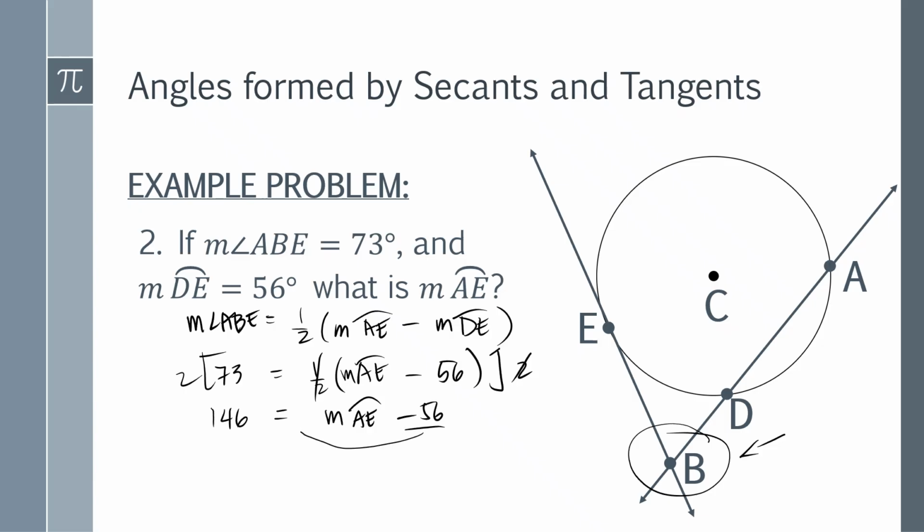Transposing 56 to the other side, 146 plus 56 is equal to the measure of major arc AE. And 146 plus 56 is 202. So 202 degrees is your measure of major arc AE. This is your final answer.